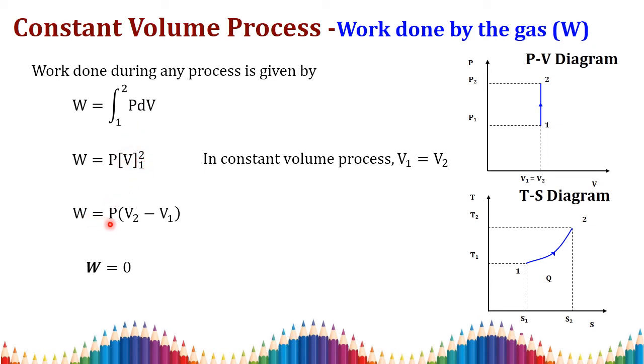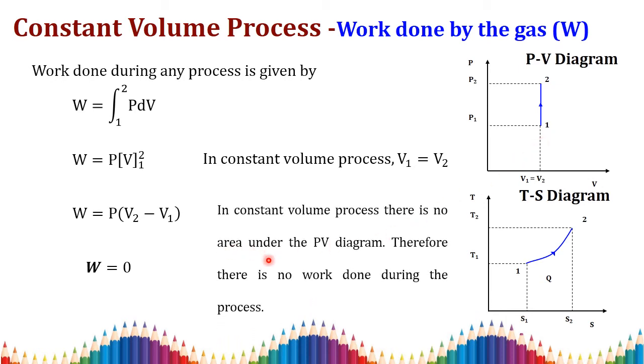So work done is equal to P into the upper limit minus the lower limit, that is work done is equal to P into (V2 minus V1). Here, in this constant volume process, V1 is equal to V2. If we substitute that in this equation, work done is equal to 0. So there is no area under this PV diagram, and by seeing this diagram we can simply say work done is 0.